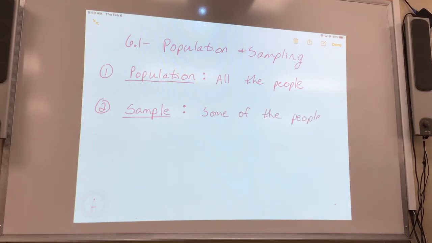And you can have a good sample or a bad sample. We were kind of talking about that. But a sample is where you just ask some of the people of the population. Okay, so population is the whole group. A sample is a part of the group.